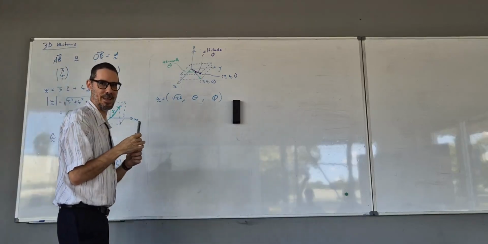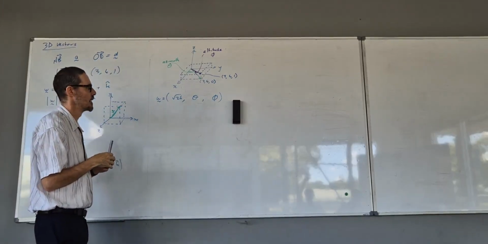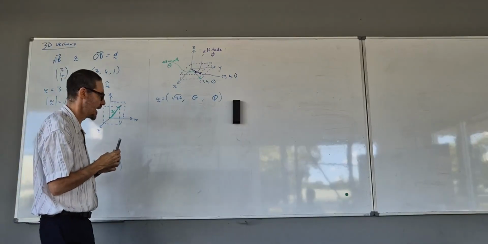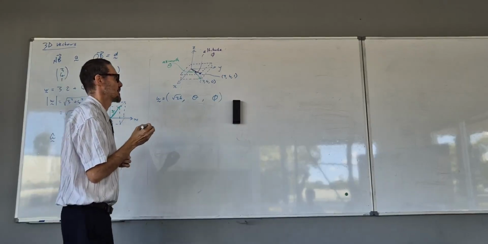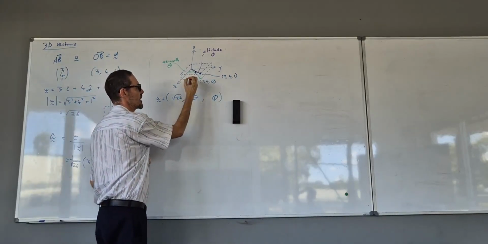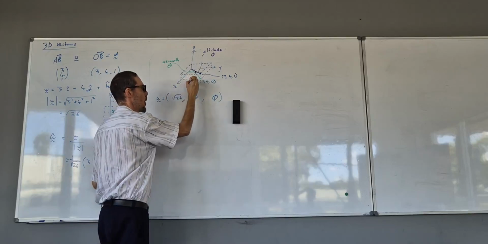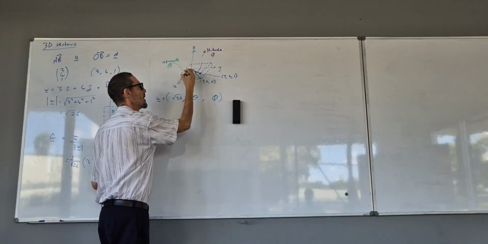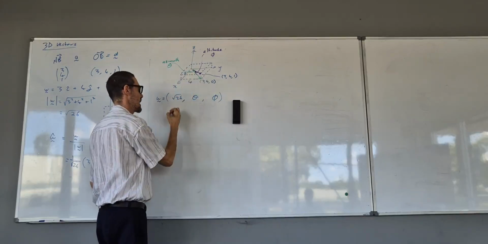Let me try. Split it because you know the length of each one. How big's this? 3 or is it 4? Careful, 4. How long is this line here? 3. So can I work out this angle?